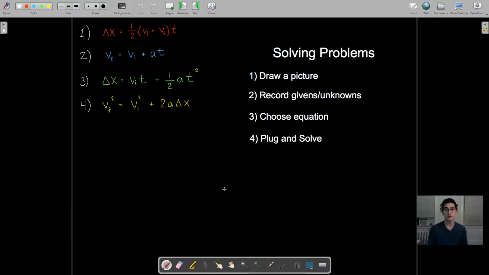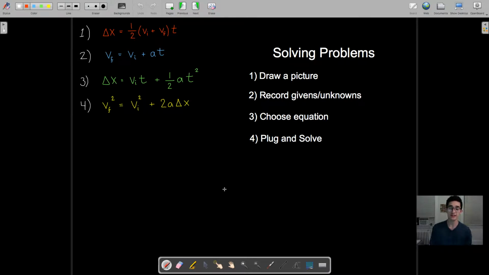Because you will be able to understand a given problem way easier if you can visualize it. Physics is a very visual science in nature. And so visualizing a problem and trying to understand it through a picture is a great way to understand what's actually going on and what variables are in play.